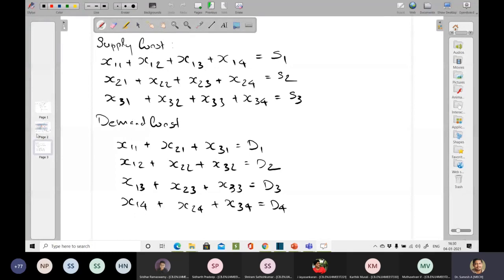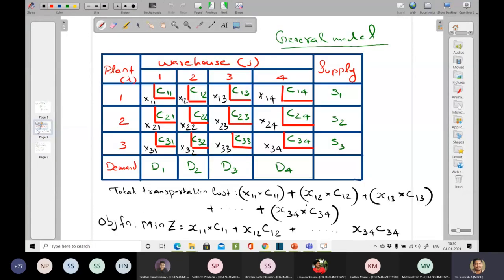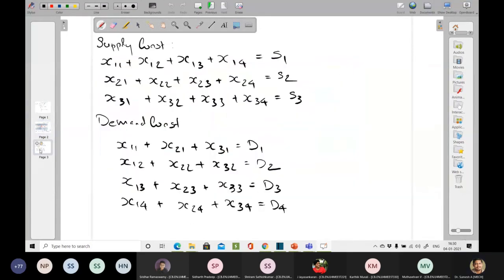Okay, now how to solve? Is it possible to solve? I think it is possible.